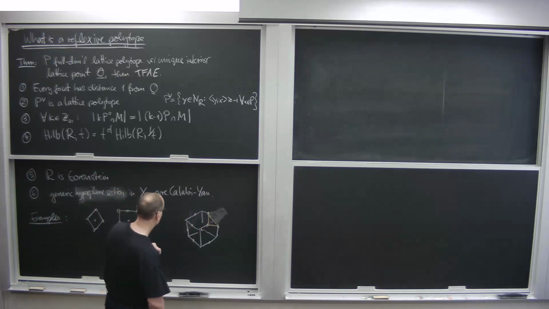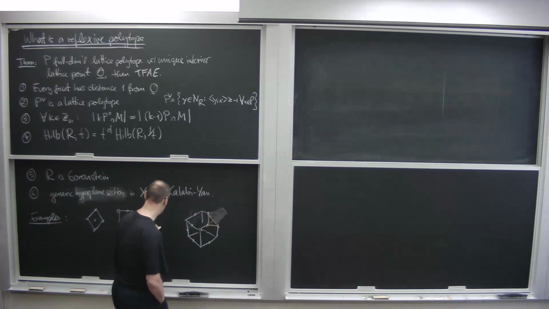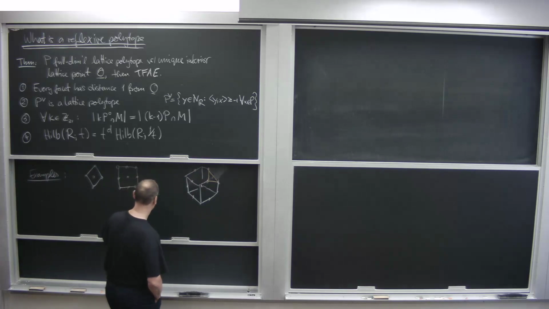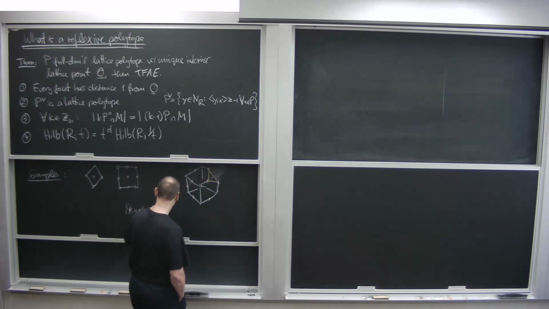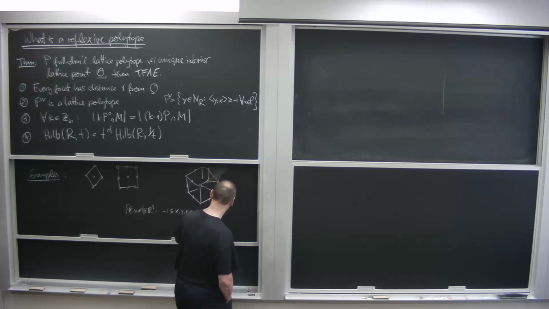If I chose my coordinates correctly, then this polytope is given by the set of all x, y, z in R3 so that -1 is less than or equal to x, y, z is less than or equal to 1, and x plus y plus z is less than or equal to 2.